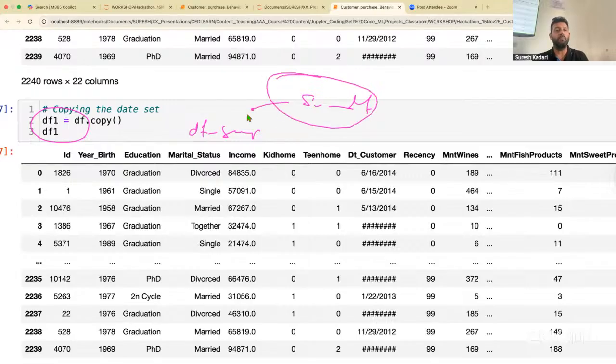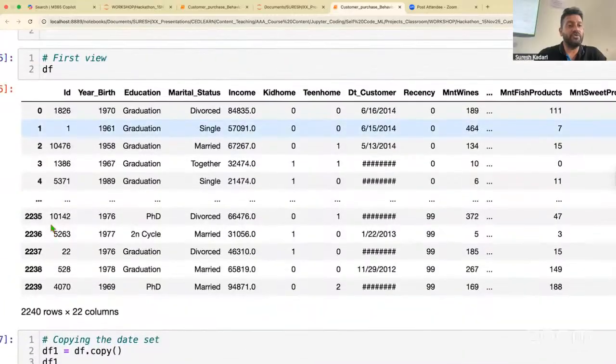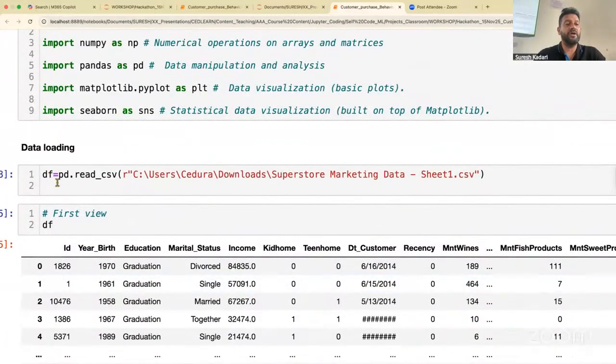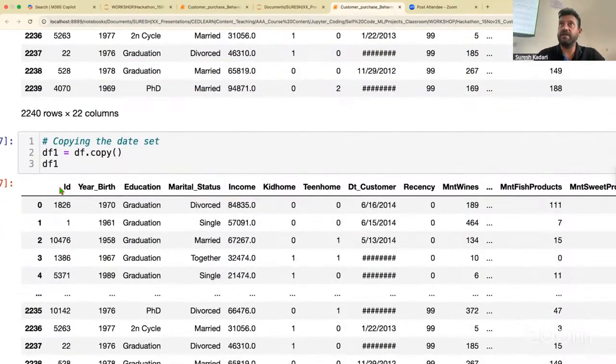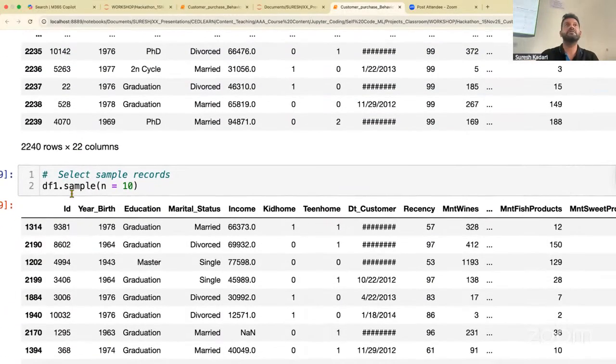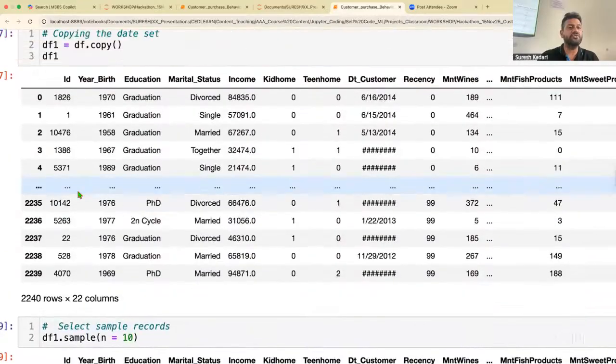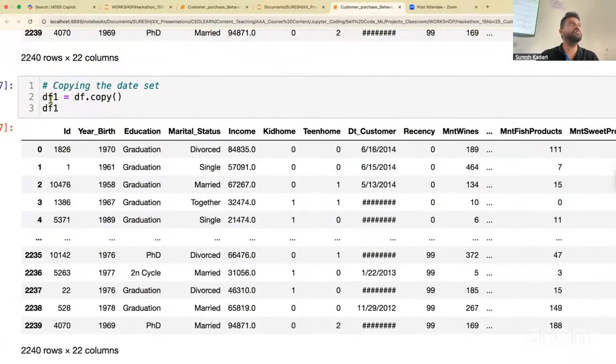I'm just being casual, but don't ever use these kinds of identifiers. In your hackathon, if I find DF and all, I'll give you 0 marks, because you need to act. This is like acting, before the movie you're practicing. It's a net practice, so you need to show me that you know and use real identifiers.